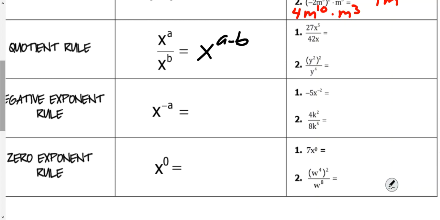We have 27x to the 5th divided by 42x. We can reduce that fraction into the least common terms. That would be 9 and 14, because we can divide both of those by 3.